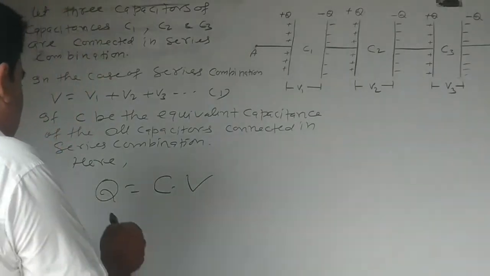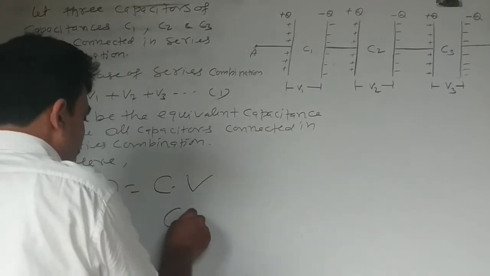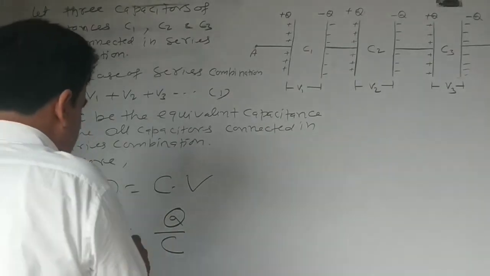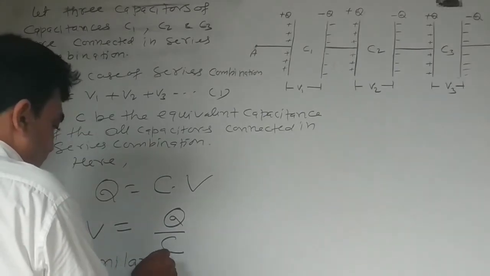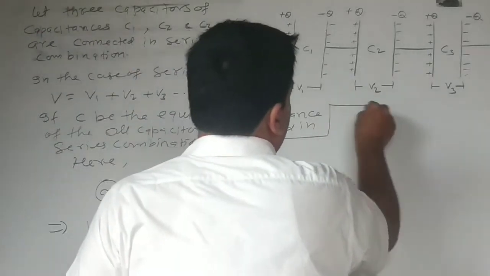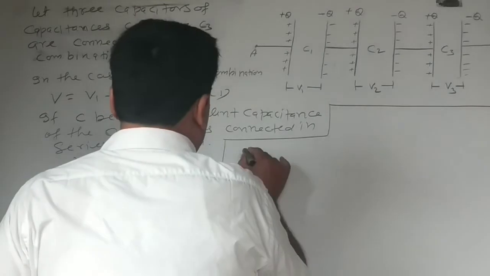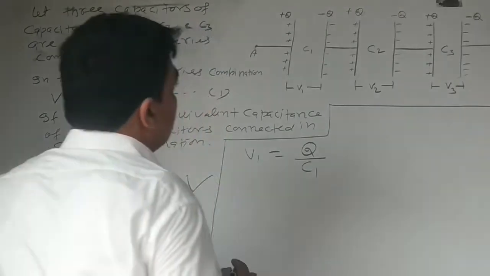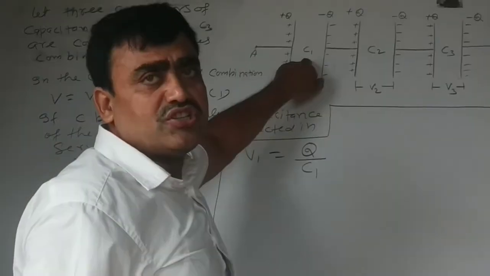That implies V is equal to Q upon C. Similarly, we can show that V1 is equal to Q upon C1, because C1 is the capacitance of the first capacitor.